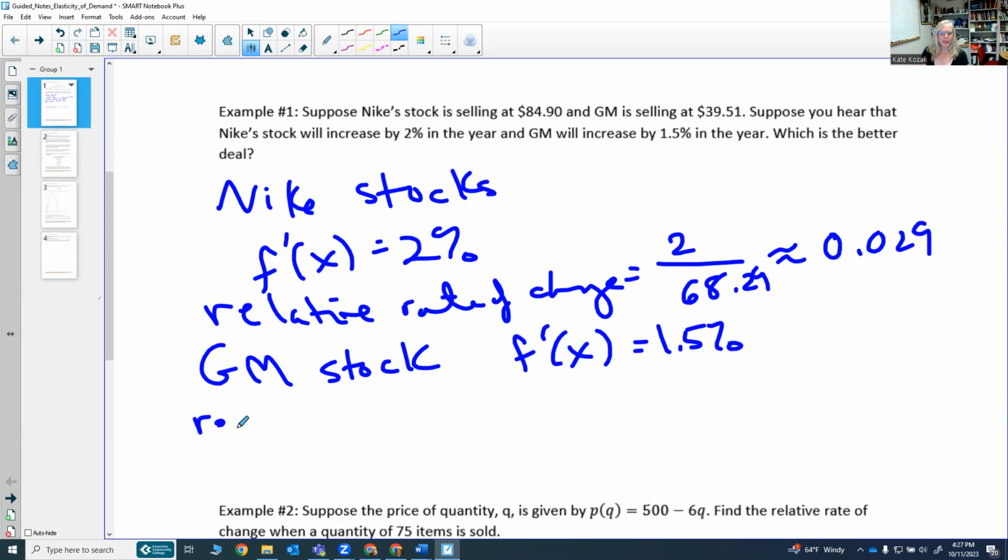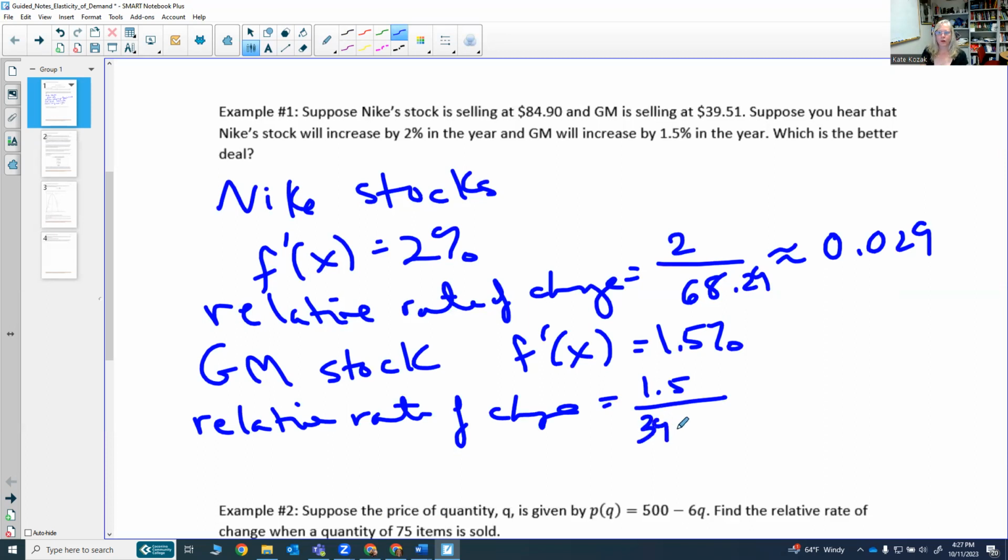The relative rate of change is going to equal 1.5 over 39.51, which is approximately equal to 0.036. And that means the percent rate of change is 3.6%. This means that GM would be the better deal since the relative rate of change is greater for GM over Nike.